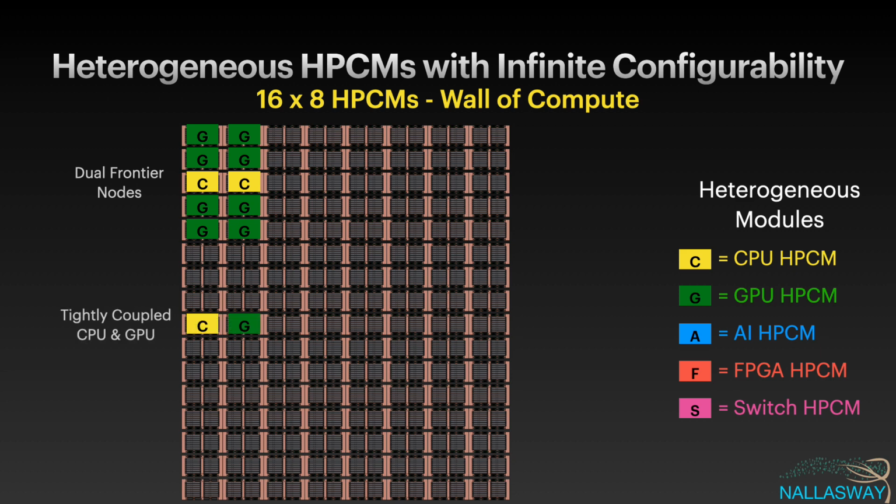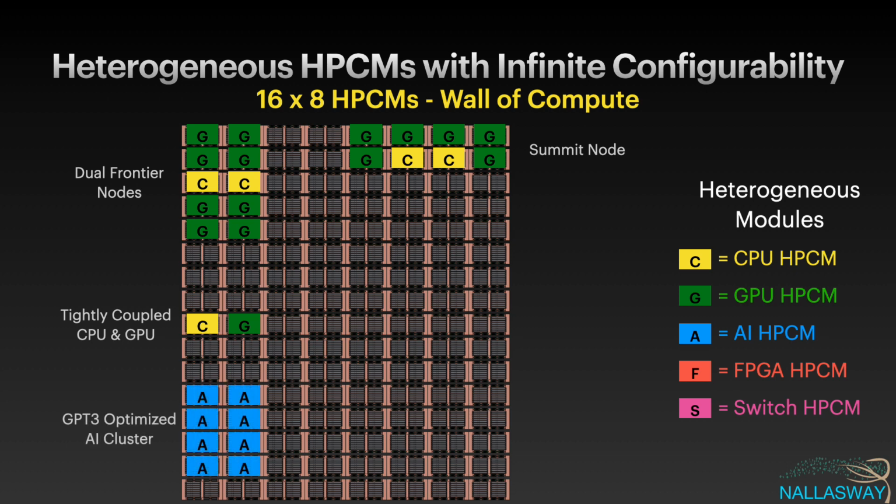Likewise, if you really wanted to tightly couple a CPU with a GPU, something like NVIDIA have done with Grace Hopper, then you could have a lot of interconnect between these two modules and just tightly couple them together. Or if you wanted to build the previous supercomputer called the Summit node from IBM and NVIDIA, which is 2 CPUs and 6 GPUs in a node, we can do that. And again, that specific wiring can be easily configured.